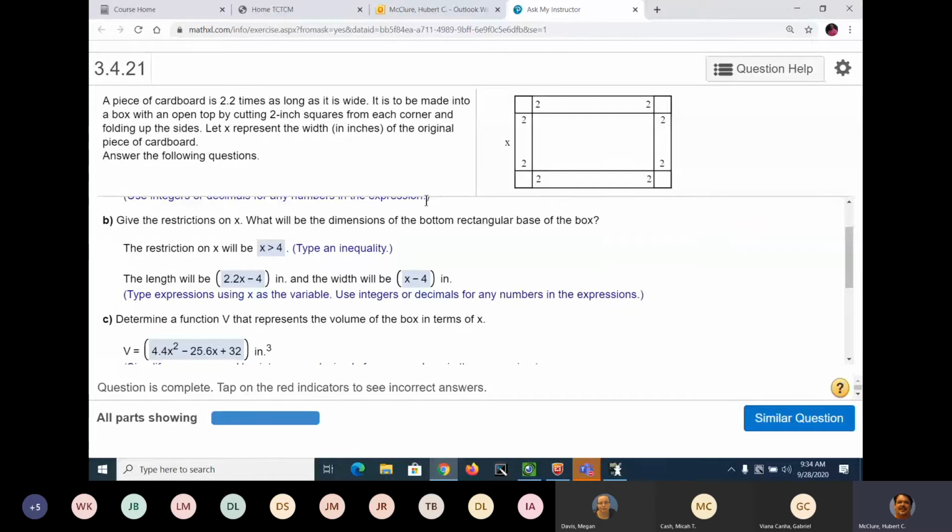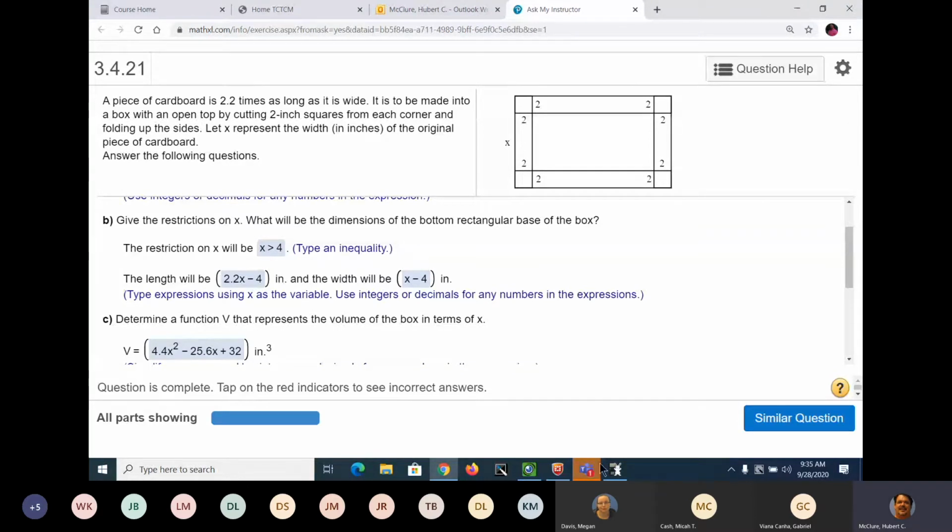No, don't want one. All right, so anyway, Miss Davis, were you able to get to C without any problem? Yeah, I can get all the way down to C, but the quadratic formula that they give just does not make sense. Well, I'm going to show you both ways to do this. First of all, let's write it down. I'm going to write it down and put my whiteboard up. Let's see. 4.4x squared minus 25.6x plus 32.